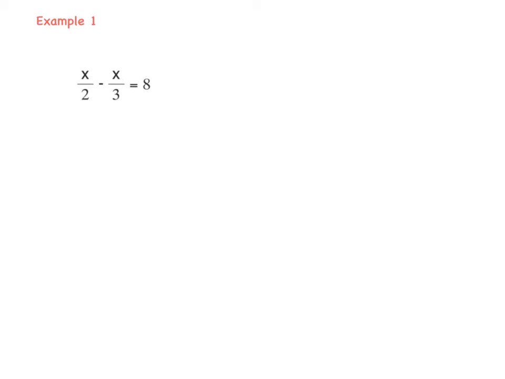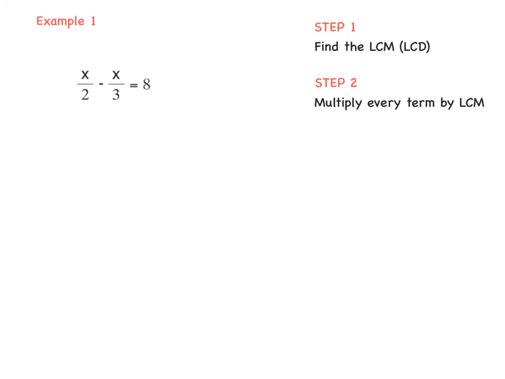When we try to solve an equation with fractions, it's easier to multiply every single term by the lowest common multiple or lowest common denominator. So the first step is to find the lowest common multiple, and the lowest common multiple for 2 and 3 is 6.